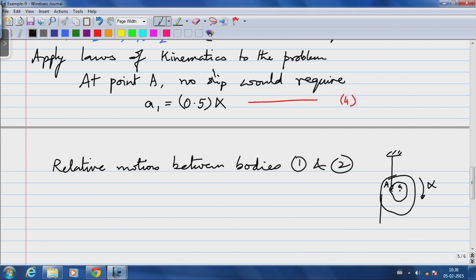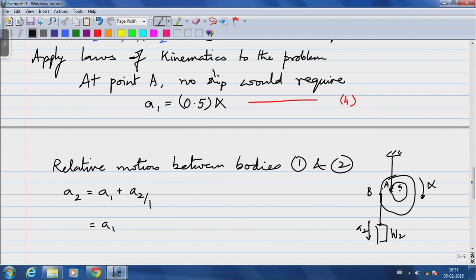So, now the acceleration of 2, which is the body down here, moving down with an acceleration A2, equals A1 plus the acceleration of 2 as observed by 1, and the acceleration of 2 as observed by 1 can be found from understanding how the spool works with the two cables.